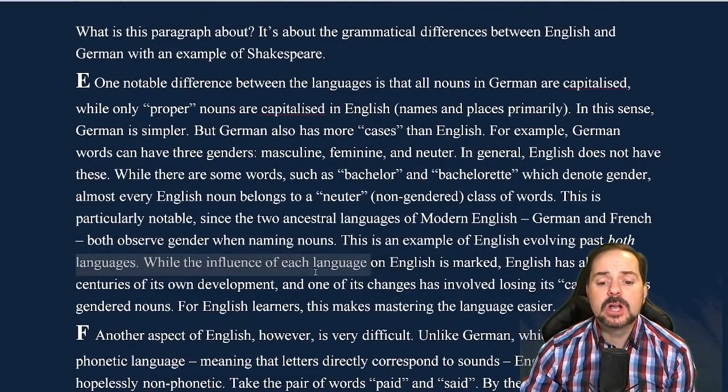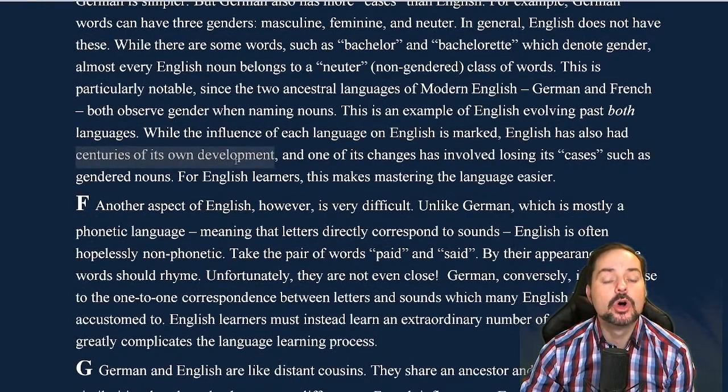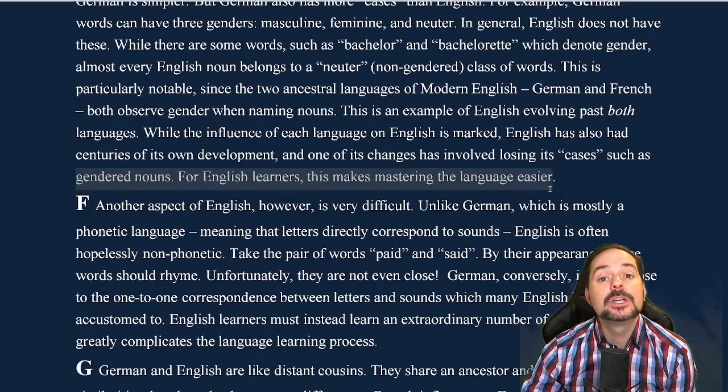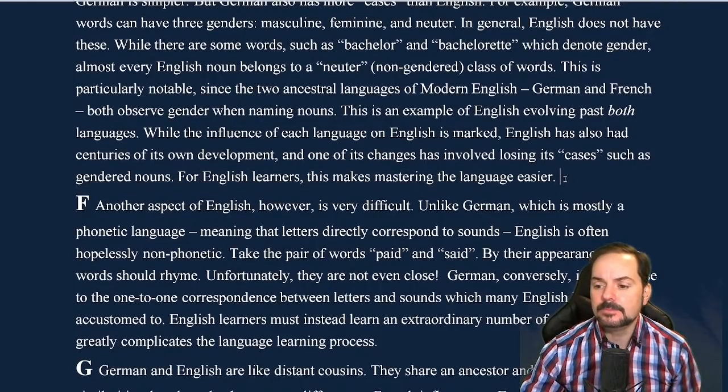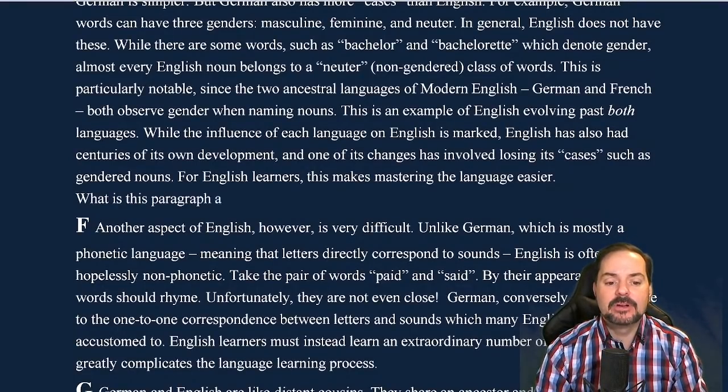While the influence of each language on English is marked, English has also had centuries of its own development, and one of its changes has involved losing its cases, such as gendered nouns. For English learners, this makes mastering the language easier. Okay, so what is this paragraph about?